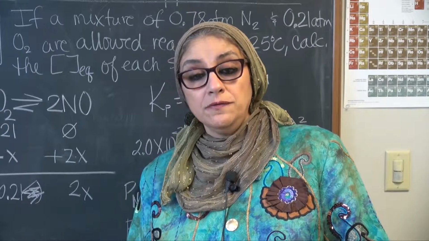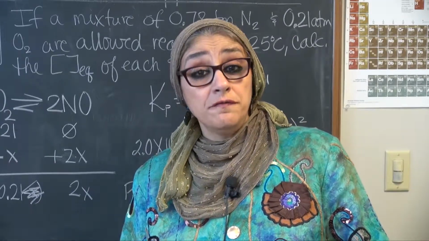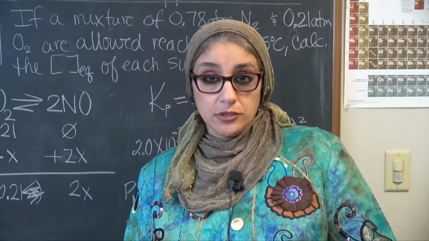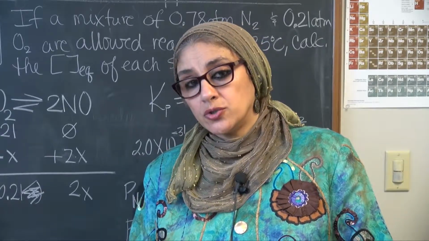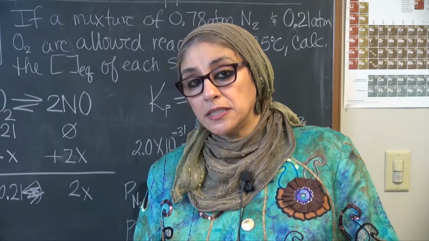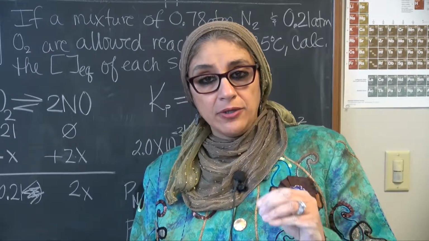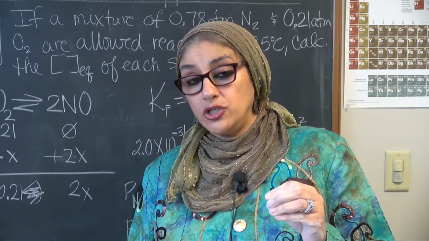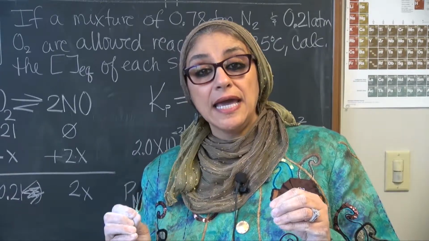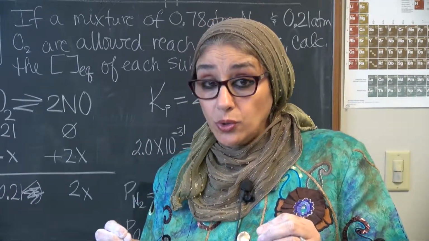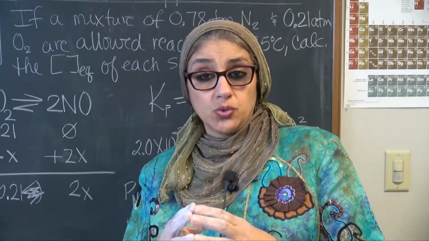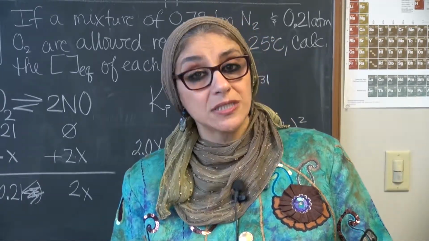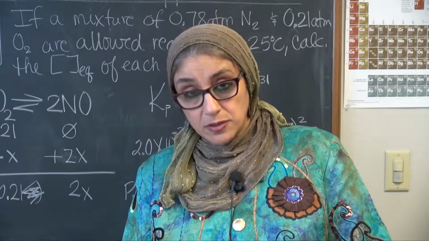The direction of the change has to be in the non-favored direction according to the value of K. And for the binomials that you're trying to simplify or approximate, the concentration in that binomial and the value of K have to be at least 3 orders of magnitude apart or larger. The larger the difference between those two numbers, the more sound your approximation.